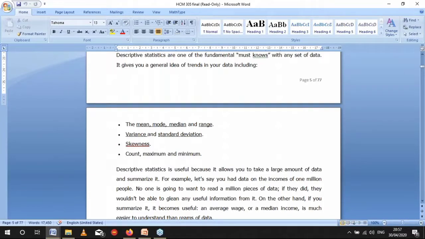When you calculate this, you will get 21 over 5. Approximately, your mean is 4.